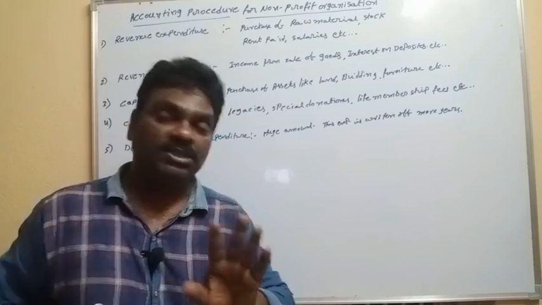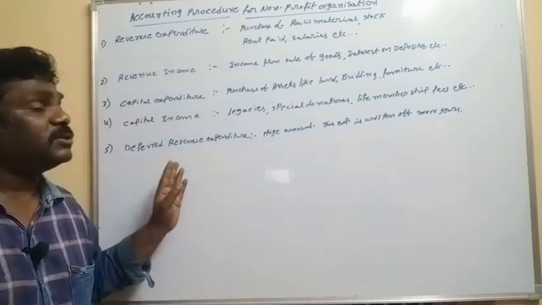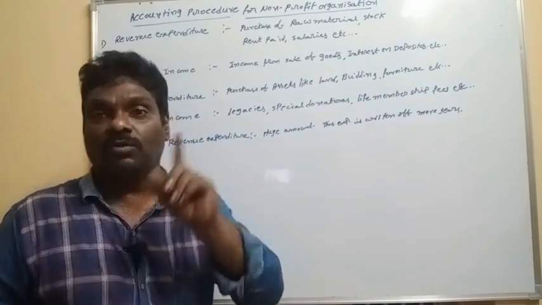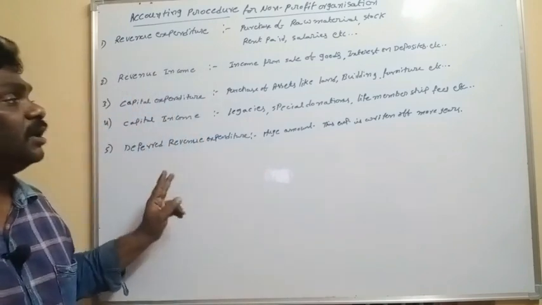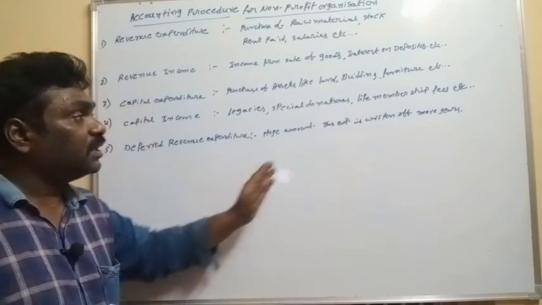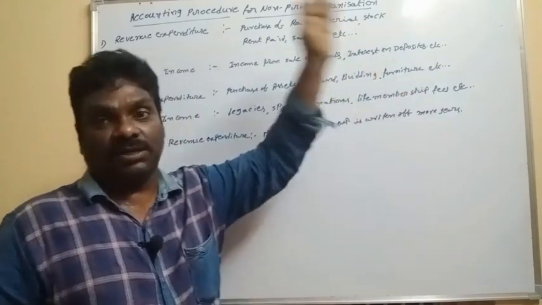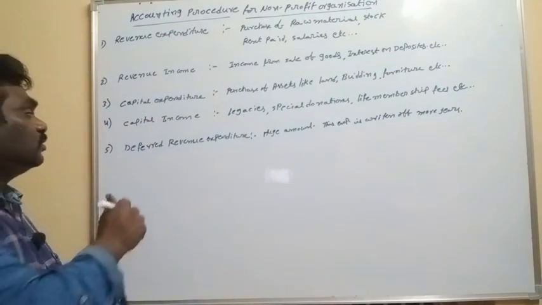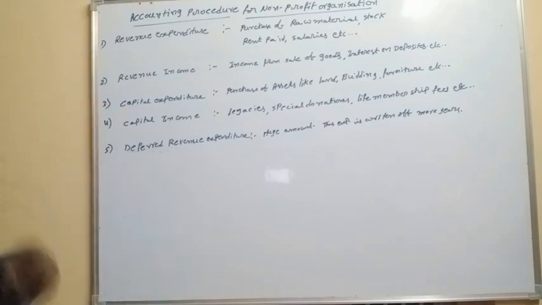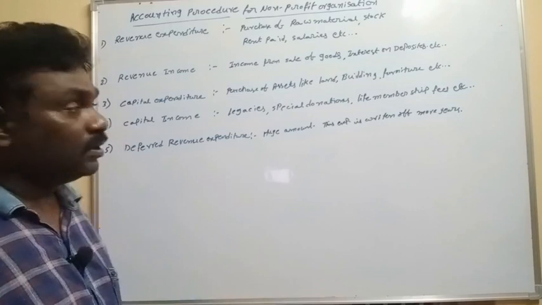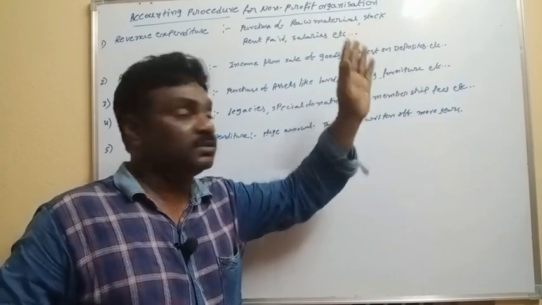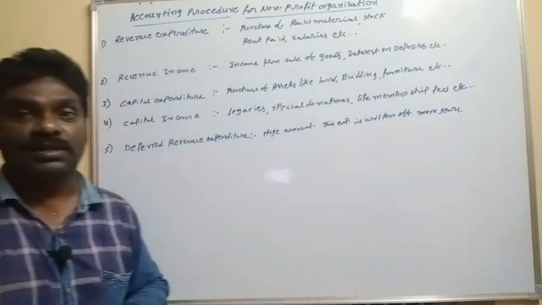Just imagine, that expense is a huge amount, and you lose 1 crore in one day. That expenditure is written off over some years. Such a huge revenue expenditure, written off over several years, is called deferred revenue expenditure.